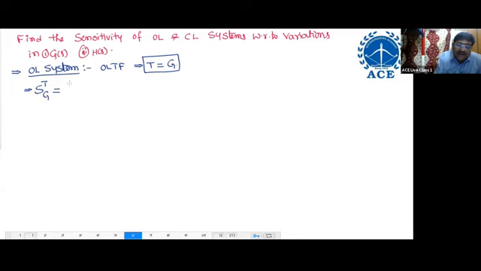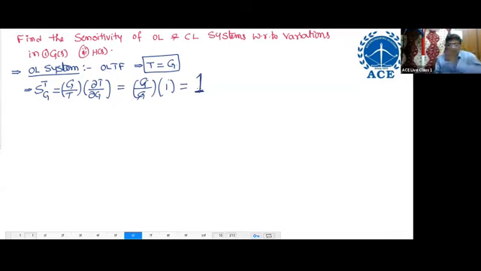What is the formula? (G/T) times ∂T/∂G. T equals G, so (G/G) times the partial derivative ∂T/∂G. If you do it, it will become 1. So the answer is 1. Sensitivity is 1.